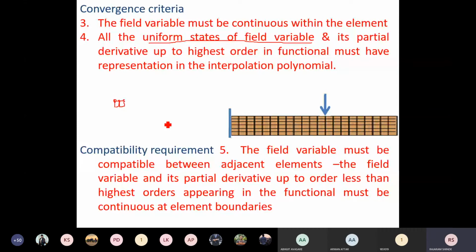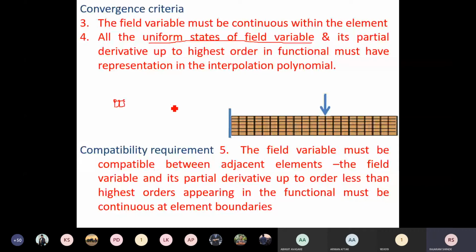When we reduce the size of the element to very small elements, then the difference between the global coordinates x, y or z of two elements is also very small, and that approaches a constant value of the field variable because of the constant term in the polynomial.